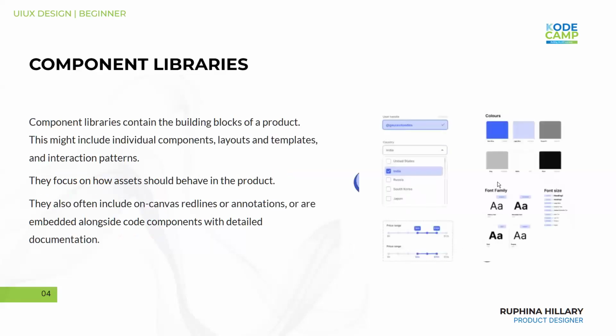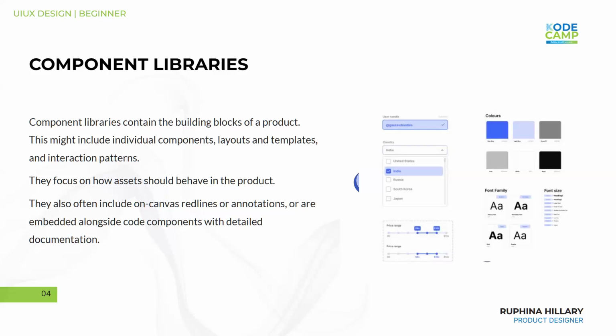Okay, you also have component libraries. Component libraries contain the building blocks of a product. And I'm just saying these things to help you familiarize yourself with them, because these are common terminologies that people will throw at you as a UI/UX designer, right? So it shouldn't be weird or strange to you. These component libraries are the building blocks of a product.